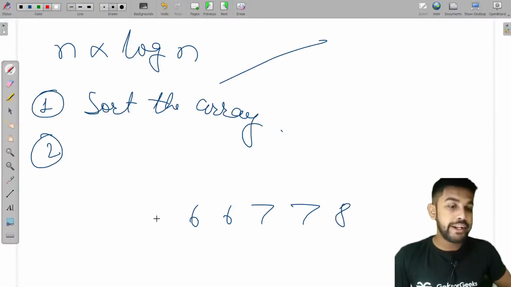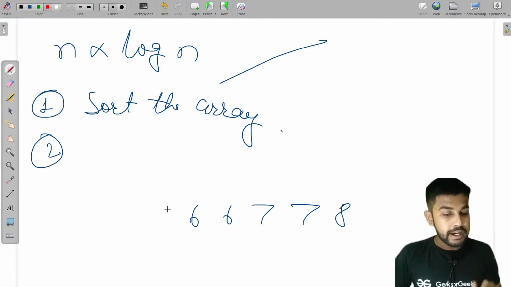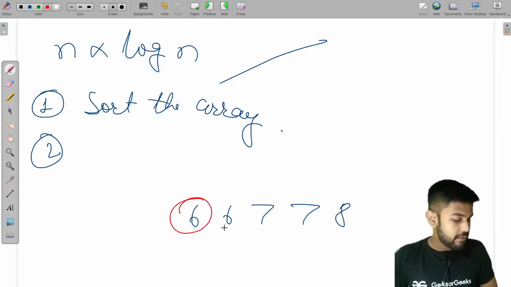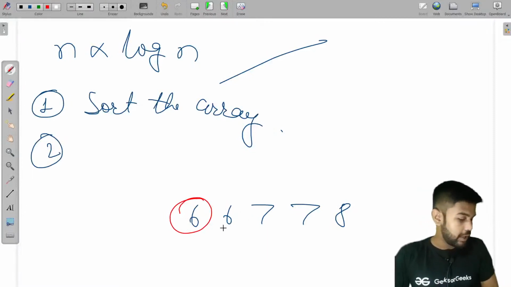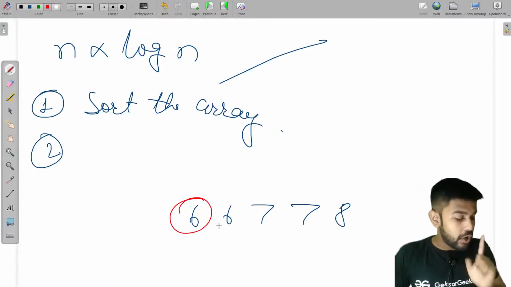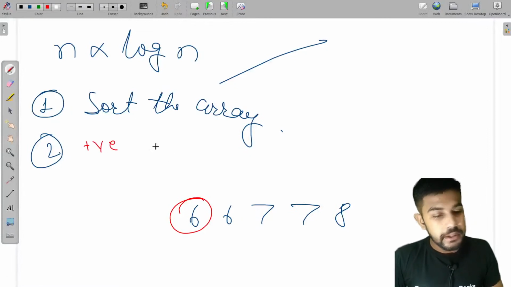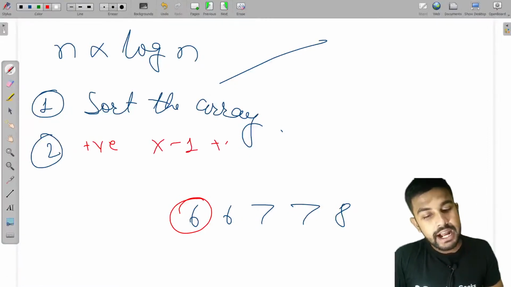We need to find the position of 6. But if this 6 has a positive value, then the other 6 would also have a positive value. So we need the first occurrence of that number. So if positive, multiply it with -1, add 1 to it, and do lower bound.